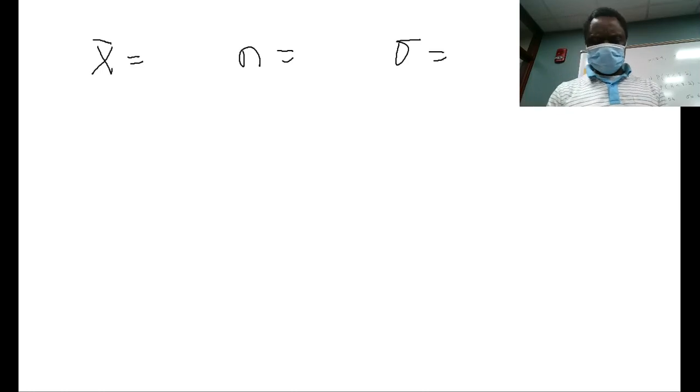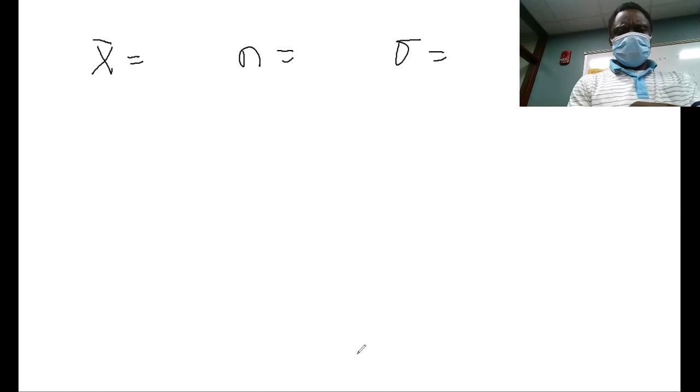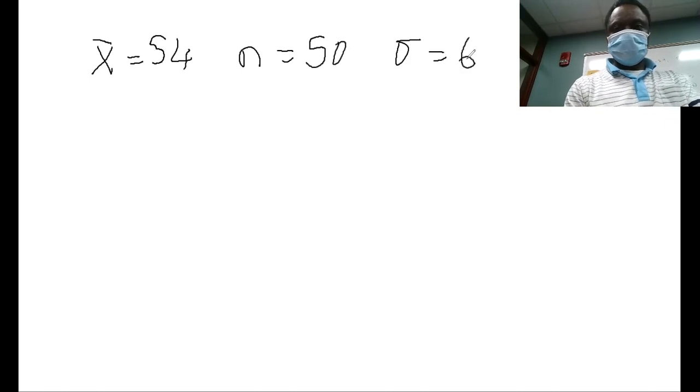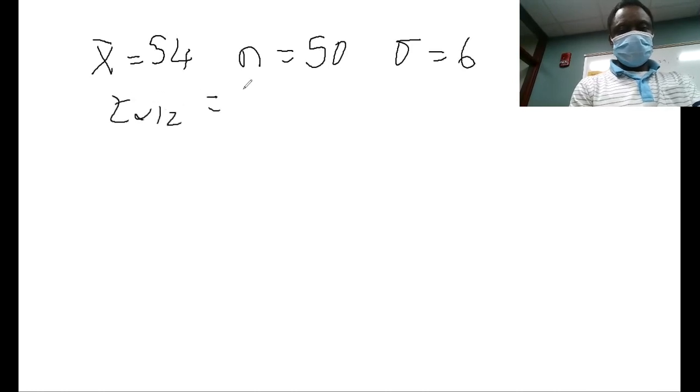So we are going to... here is 54. 56.95. So Z alpha over 2 is 1.96.